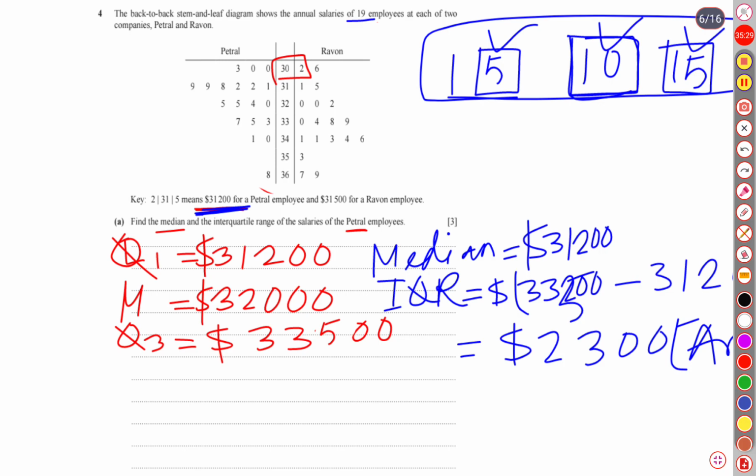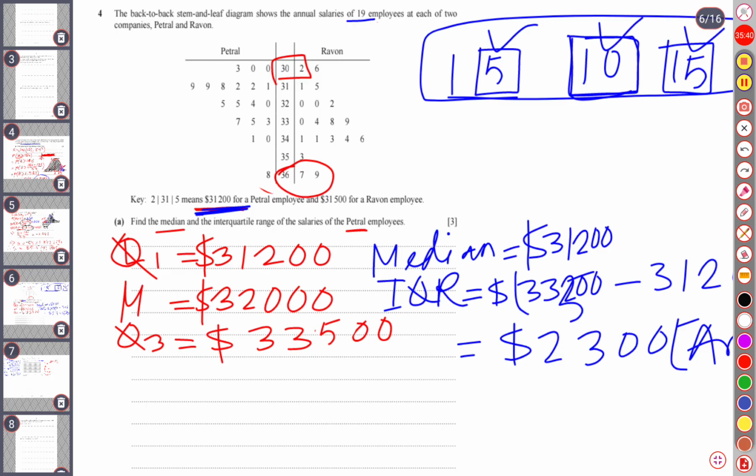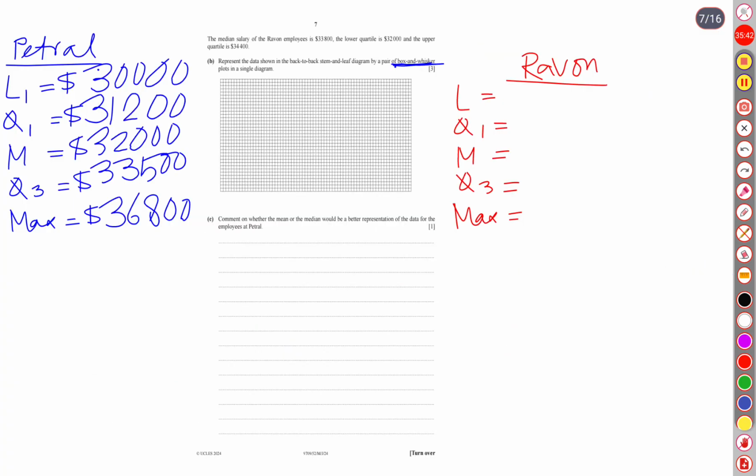This is the lowest salary, and highest salary is 369. Then two zeros. Dollar symbol should be everywhere. Okay, highest is 369 US dollar.